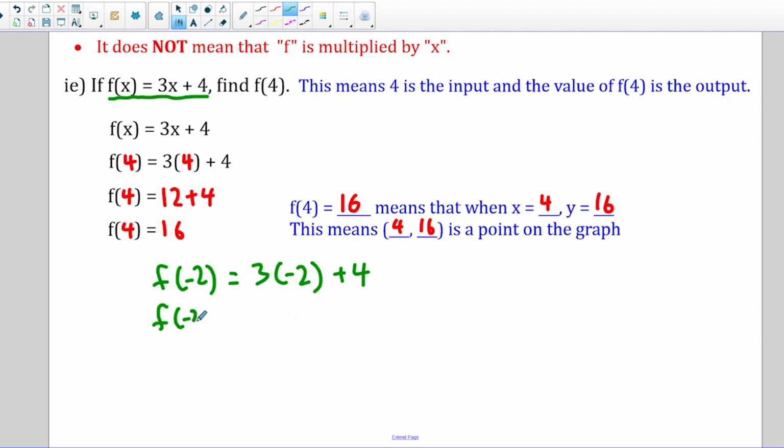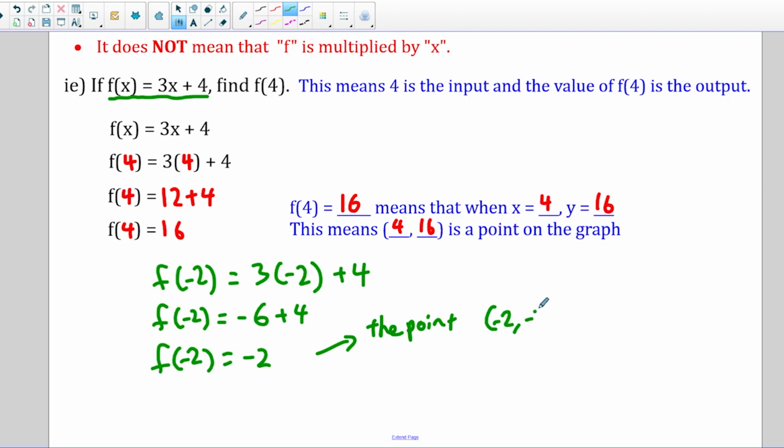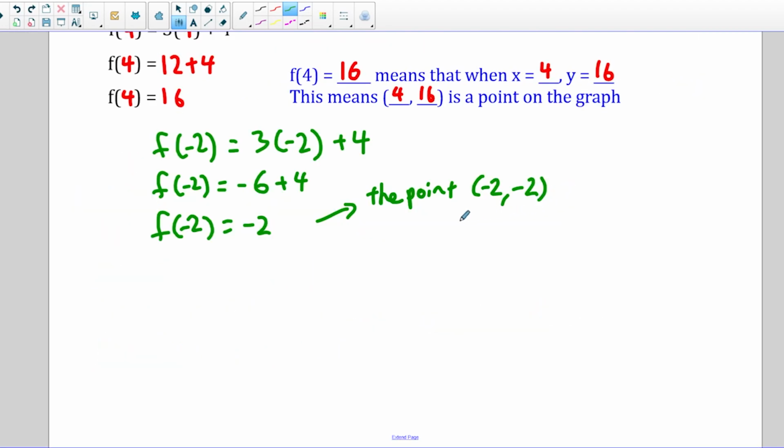So f of negative 2 is equal to 3 times negative 2, which is negative 6, plus 4. So f of negative 2 is equal to negative 6 plus 4, and negative 6 plus 4 gives me a negative 2. What this means is that I have a point, the point (negative 2, negative 2), which exists on the graph.